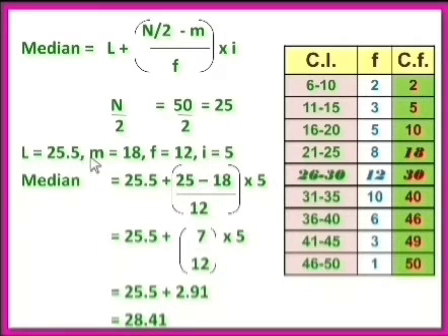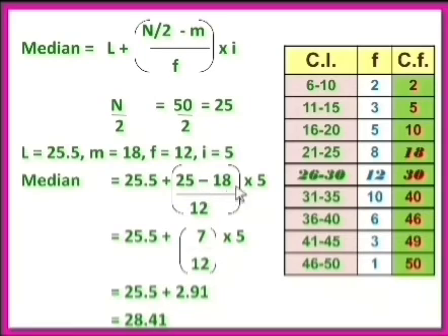f equal to 12. Now we apply all the values in the formula. Median equal to L, which is 25.5, plus n by 2, which is 25, minus m, which is 18, divided by f, which is 12, into 5.